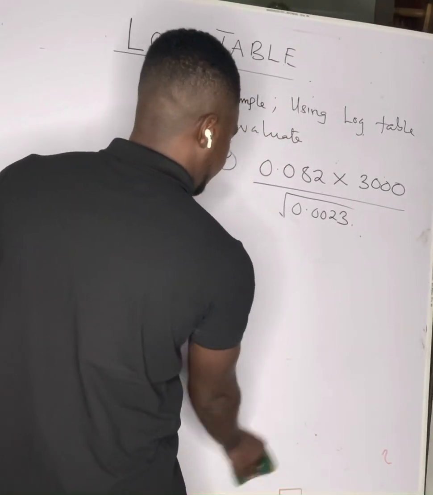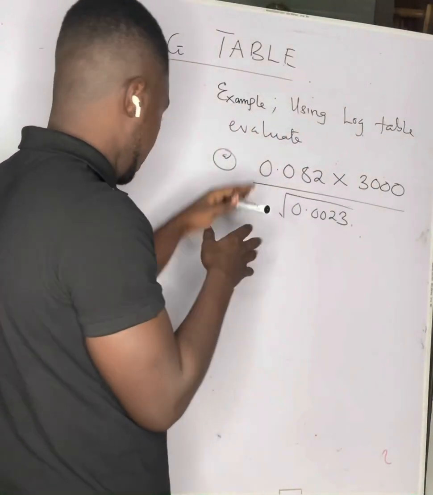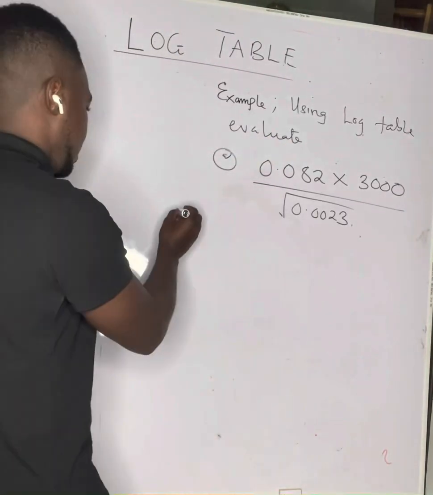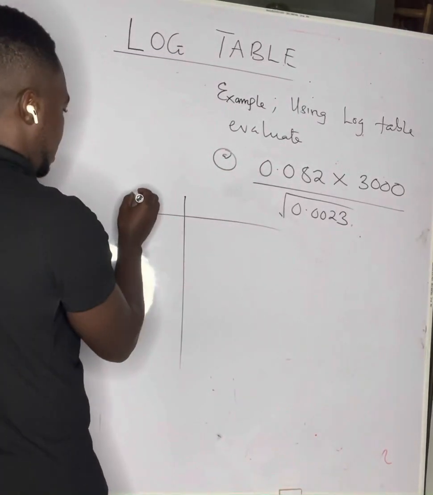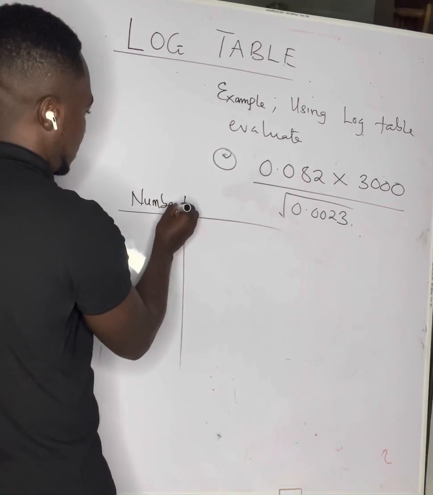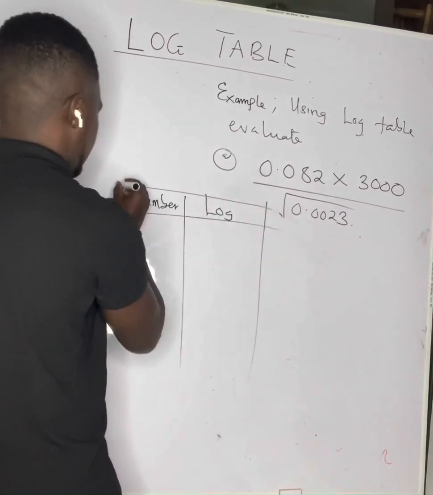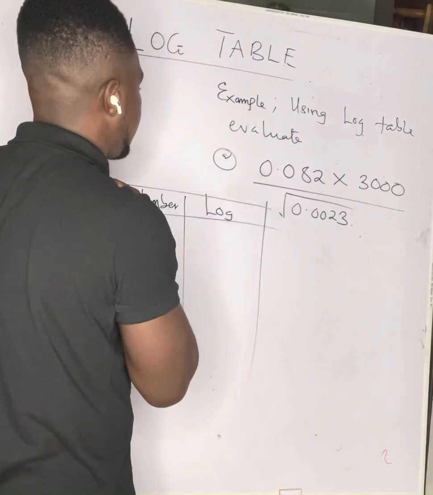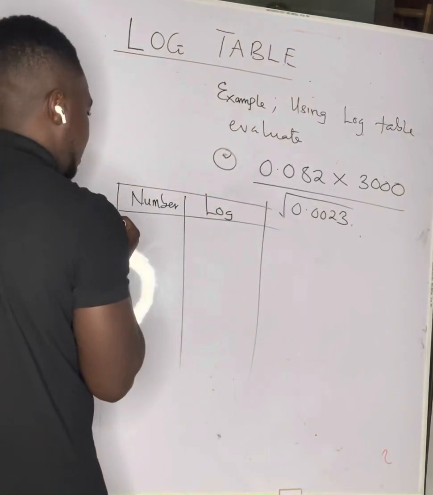For a log table, if you are asked to use log table to solve a question under logarithm, you need a table which will consist of the number and then your log. So the first number here, we have 0.082 as our first number.